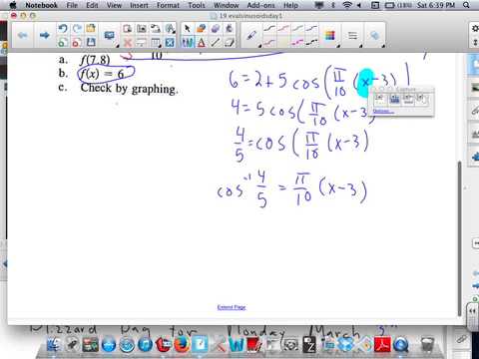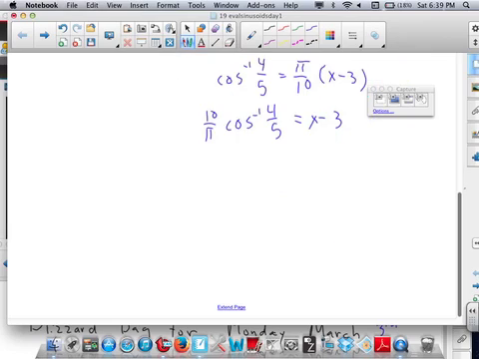All right, now let's multiply both sides by the reciprocal of pi over 10, which would be 10 over pi. And finally, let's add 3 to both sides. Okay, now I have x all the way by itself.